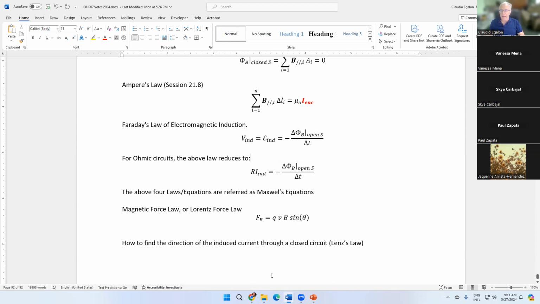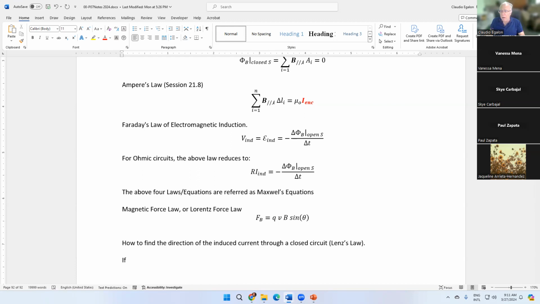Okay, how do we find the direction of the induced current through a closed circuit? Well, you have to look at this sign here. Let's do one by one.